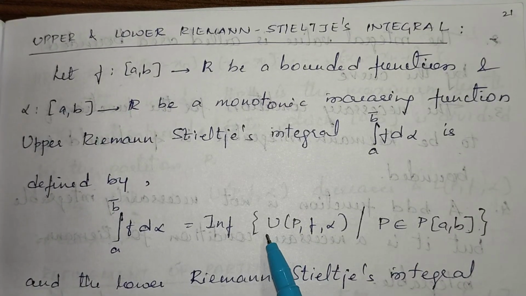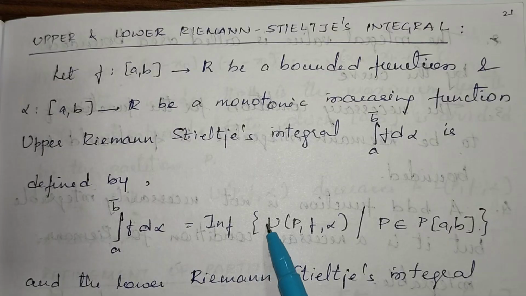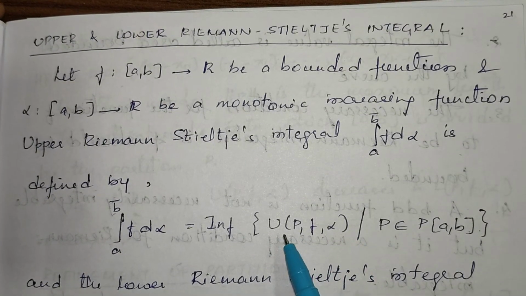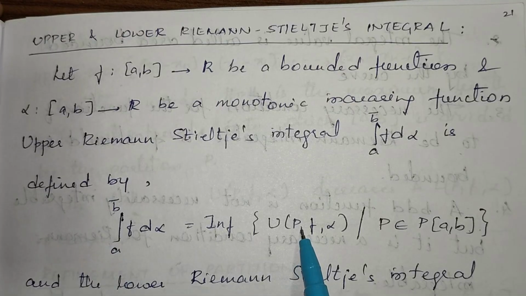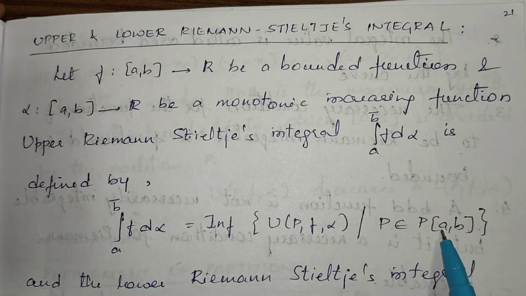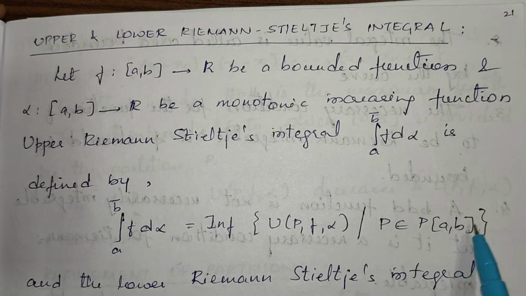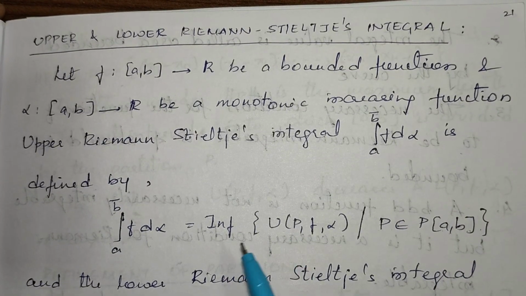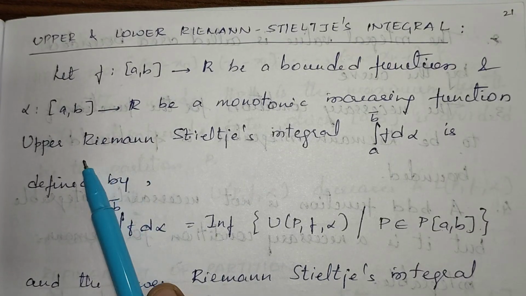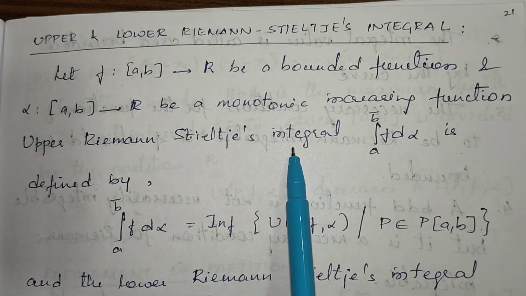So here you are collecting all such U of P comma f comma alpha, means you are collecting all upper sums of each and every partition of closed interval a comma b, and infimum of that U of P comma f comma alpha will be your upper Riemann Stieltjes integral.